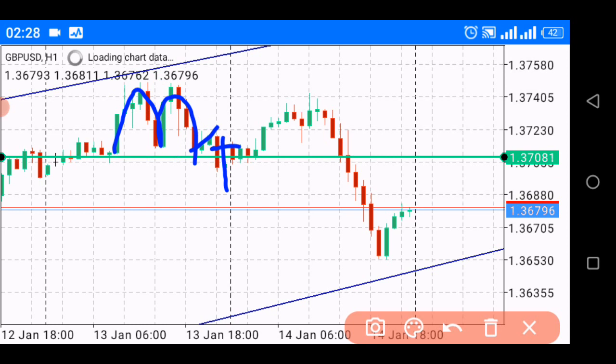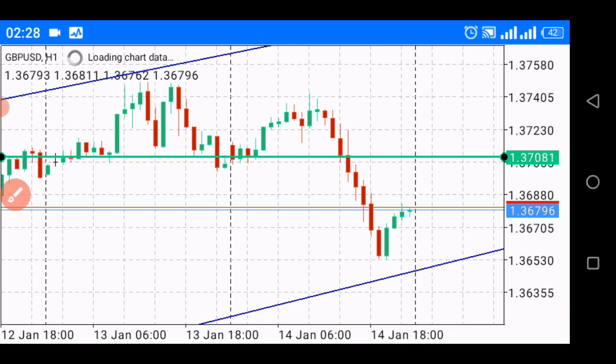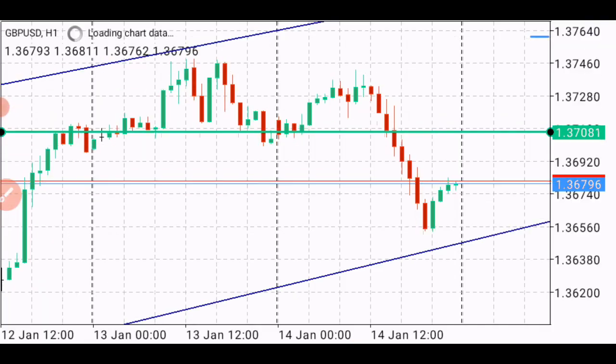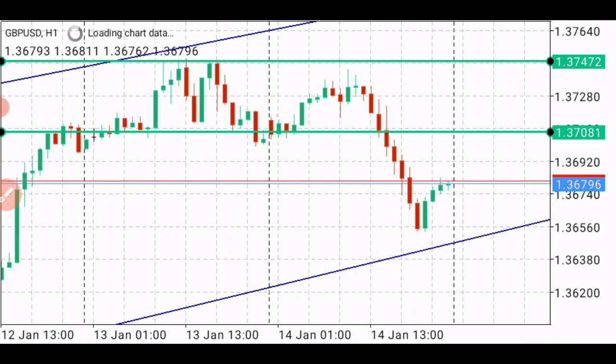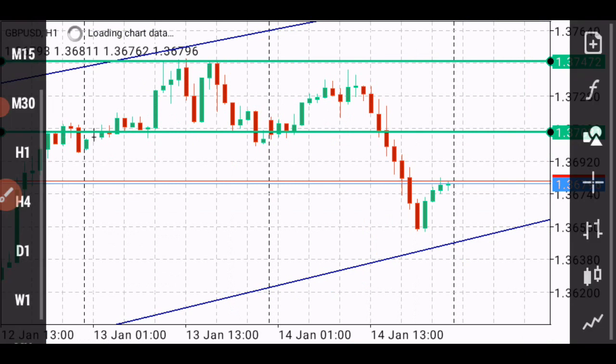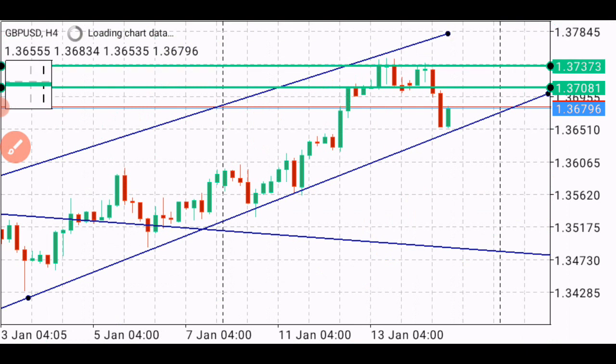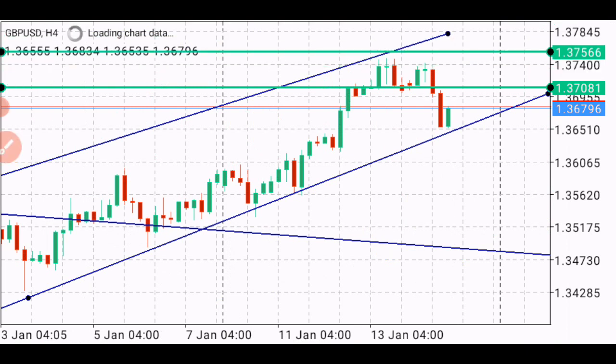Except for those who are not afraid to lose, they can put their stop loss here. Normal thing, that is where our stop loss is supposed to be, here, above this candlestick formation.